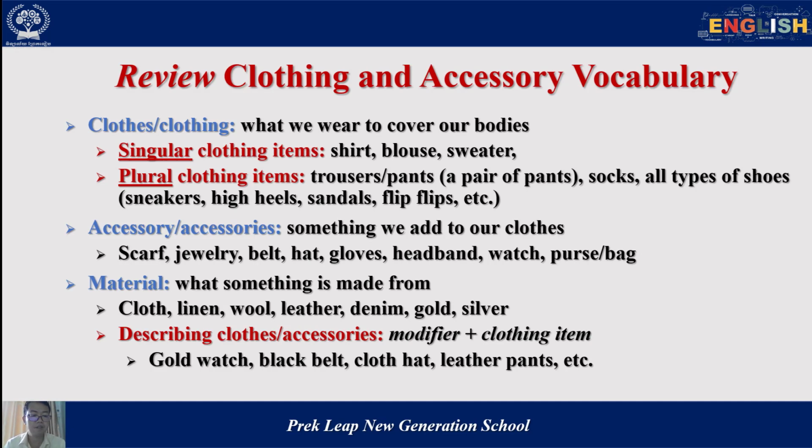While accessory is something we add to our clothes to make it look more interesting, such as scarf, hat, gloves, watch, etc. And those kinds of clothes and accessories are made from different materials such as wool, leather, denim, gold, and silver.